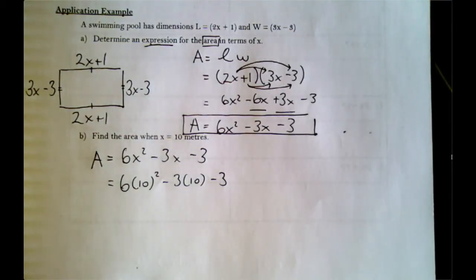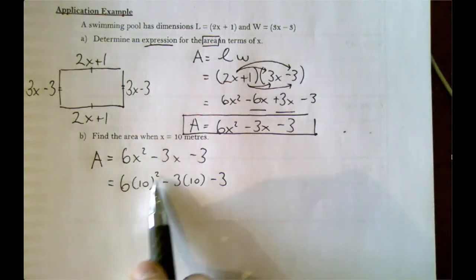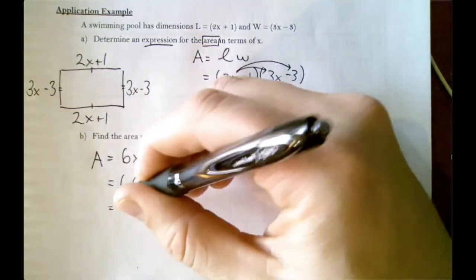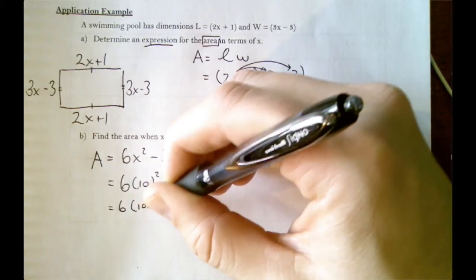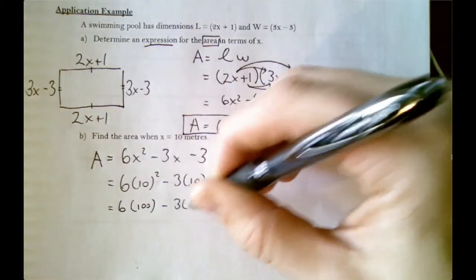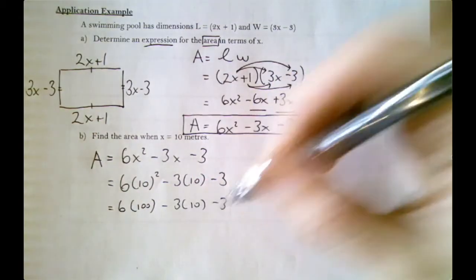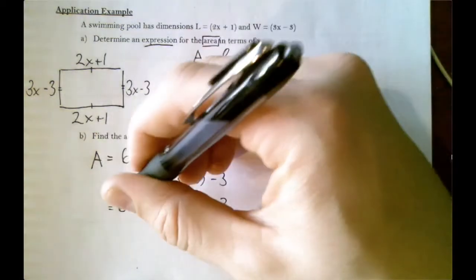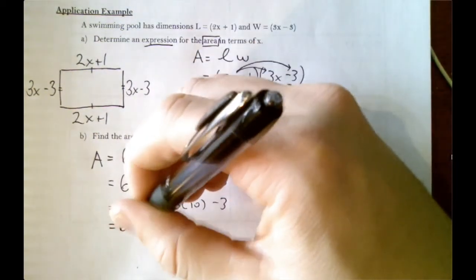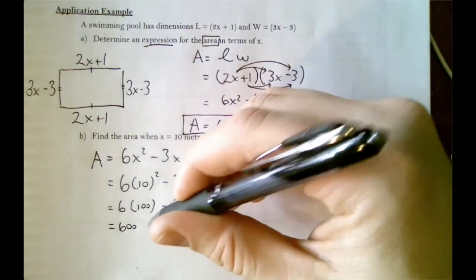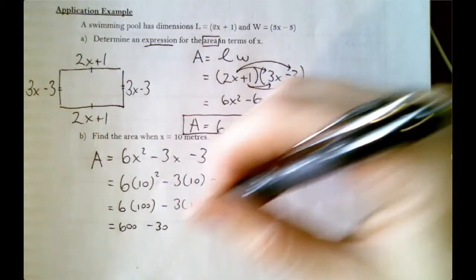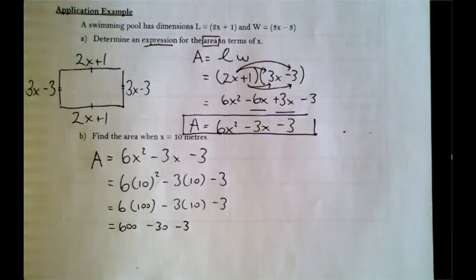To solve, we have to do some BEDMAS. 10 squared is 100. That's our exponent step. Now we can do some multiplying. 6 times 100 is 600. Negative 3 times 10 is negative 30. And minus 3 is on the end.